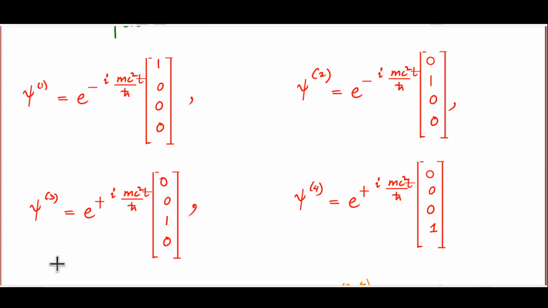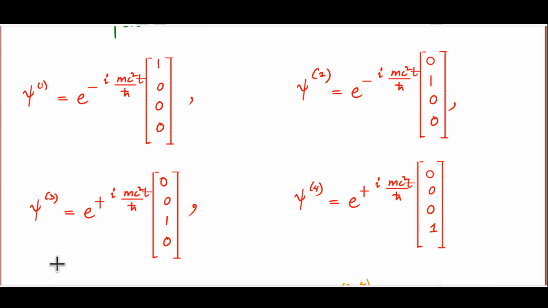And so the first two solutions that we have here are simply solutions with energy given by mc². And that is perfectly consistent with the fact that we are dealing with particles which are at rest. Their energy is just the rest energy mc². The third and the fourth independent solution are the ones in which the third component and the fourth component respectively are the only ones which are non-zero.